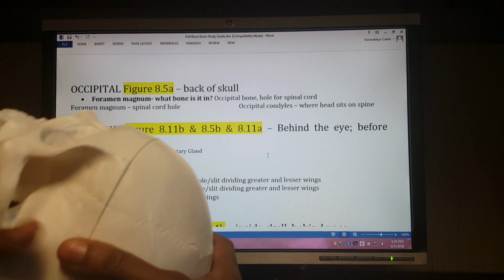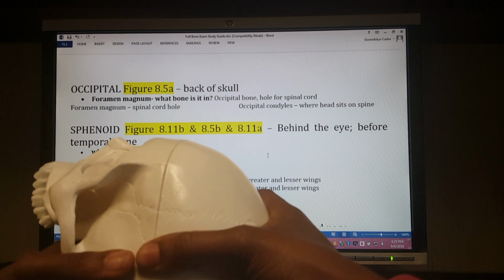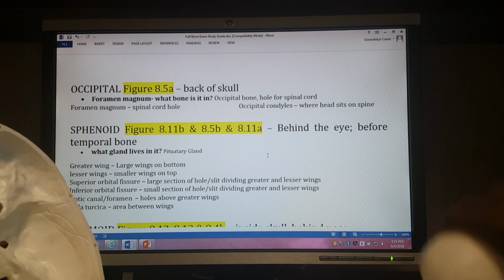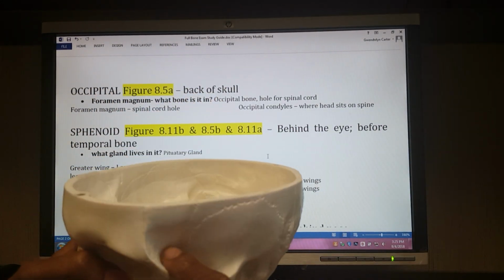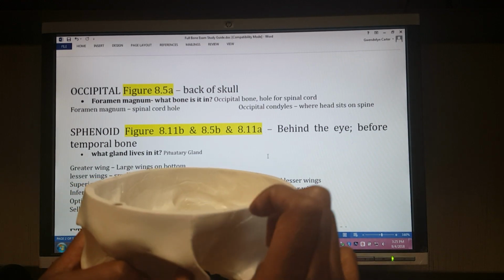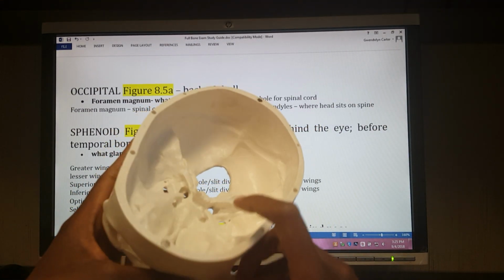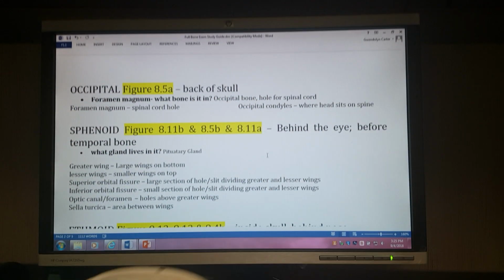For this one, part of the features you're going to have to know are actually on the inside of the skull, so you get to open the skull cap off and look on the inside. Still featuring the sphenoid bone, going to the back of the eye, here's the back of the eye, and also the inside of the base of the skull.